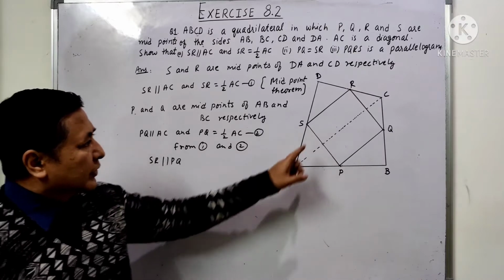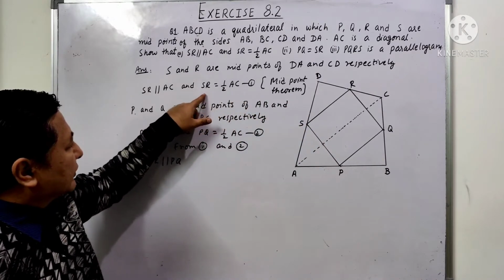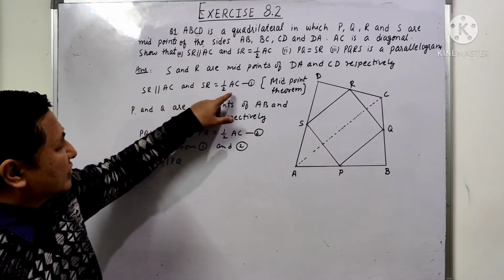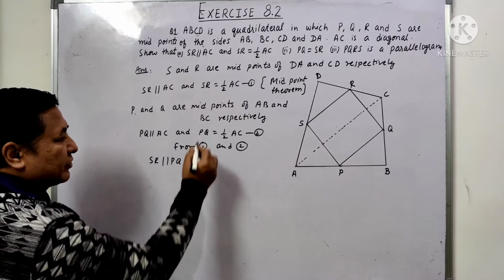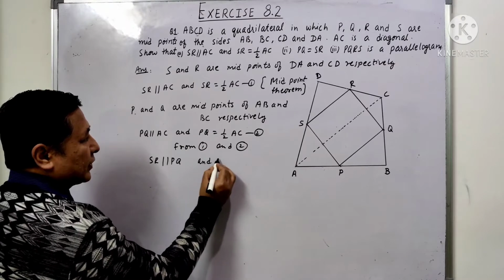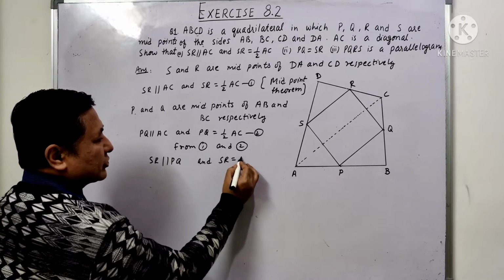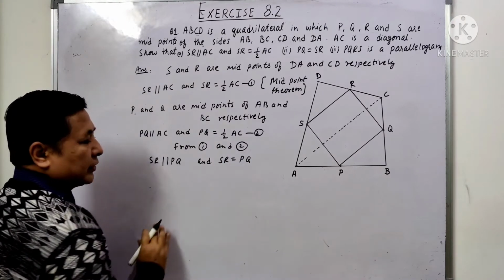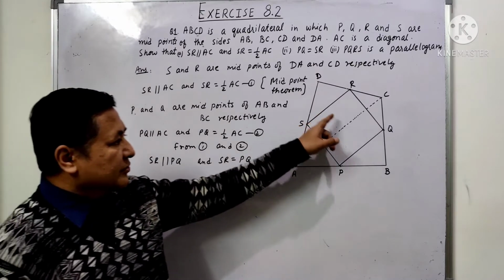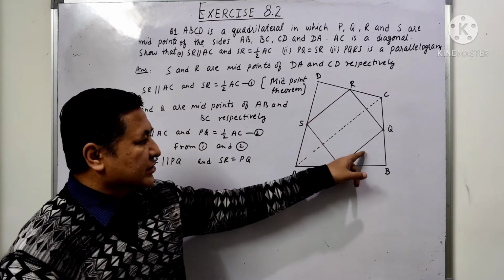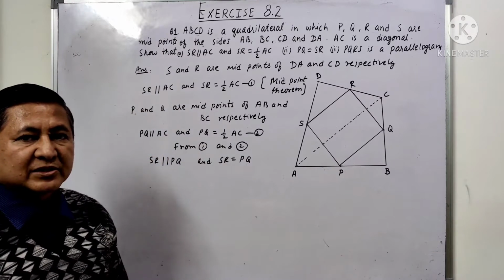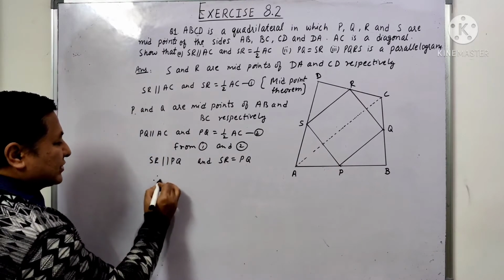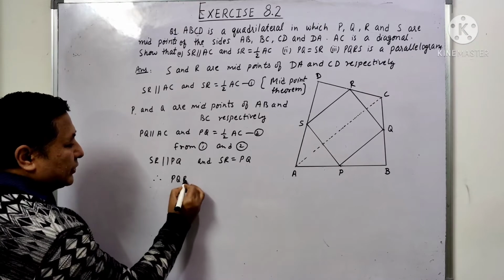And from first, SR is equal to half of AC and PQ is also equal to half of AC. So again from first and second, SR will be equal to PQ. Now we can see that SR is parallel to PQ and SR is equal to PQ. So since it is parallel as well as equal, therefore PQRS is a parallelogram.